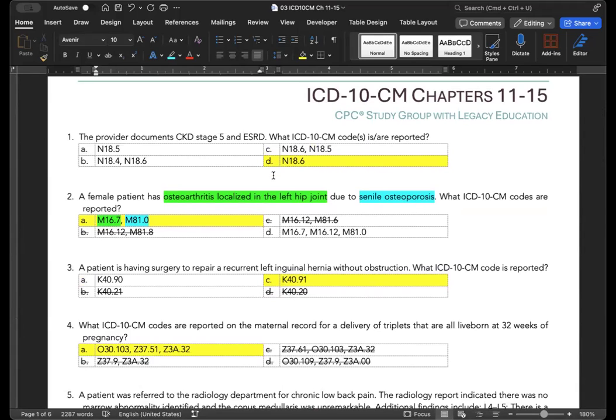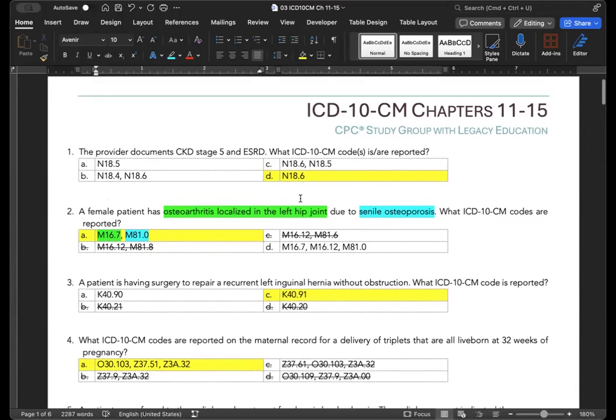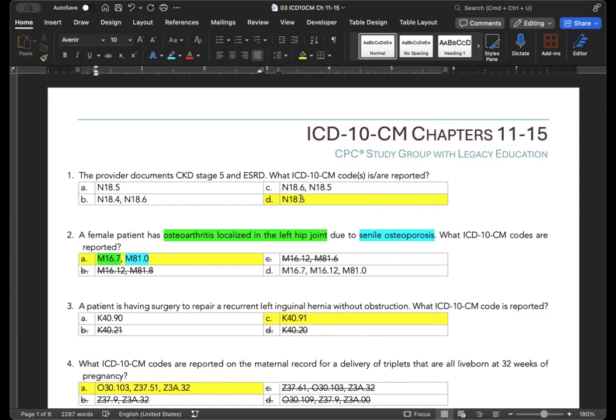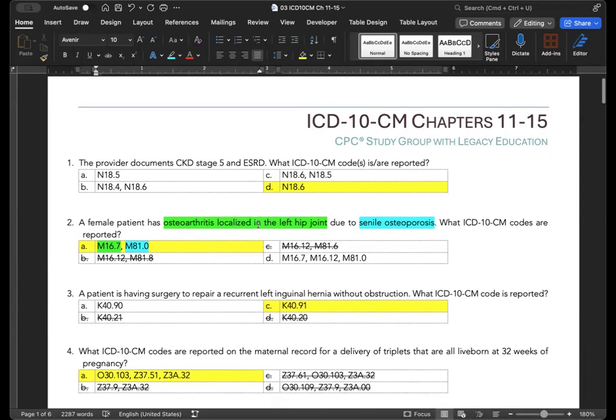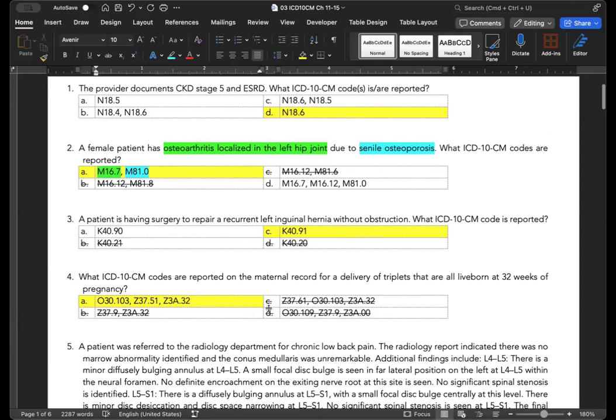increase your time. You do not have to always go to your alphabetic index, look up your main term, and then go verify it in the tabular, right? So that can slow you down. Now, if you are strong enough in your alphabetic index, then you could potentially find your answers a lot quicker than fumbling through and trying to decide, is it these two?